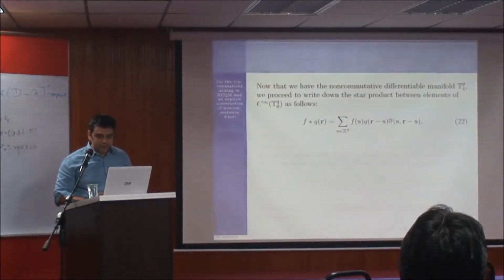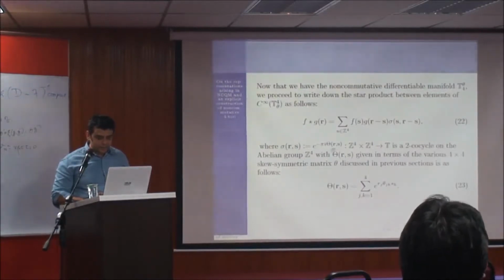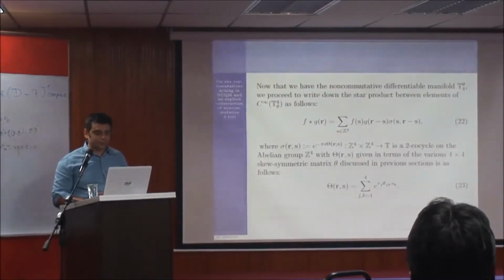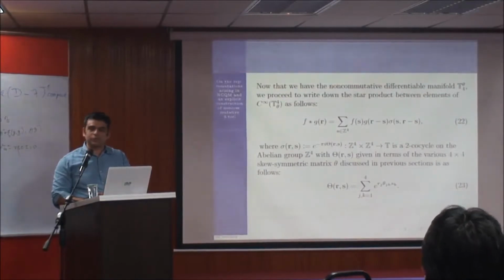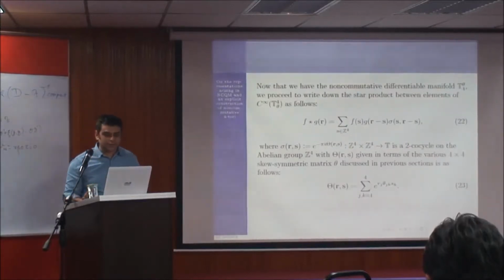Here I have introduced a twist by this sigma. This sigma is given by this exponent, which is the 2-cocycle on this abelian group Z4. So it's a map from Z4 cross Z4 to T, the unit circle. It's an easy exercise to check that it's a 2-cocycle.